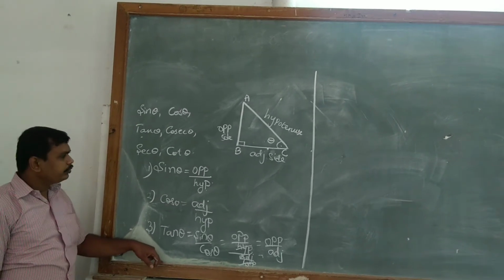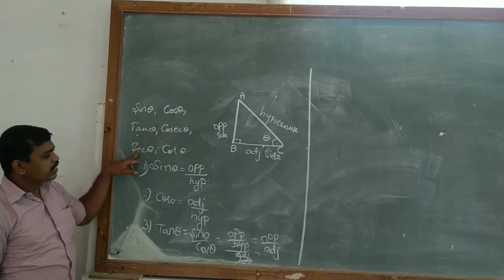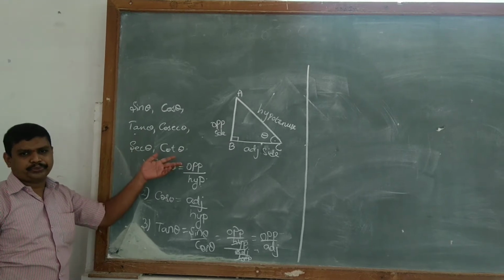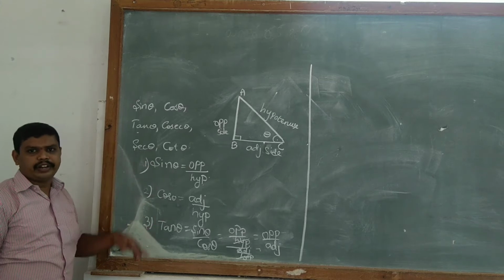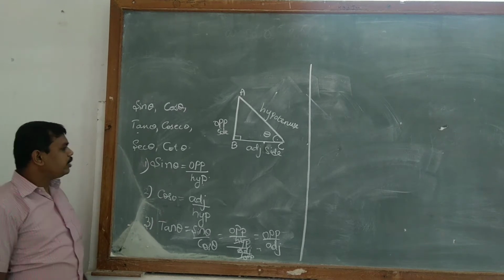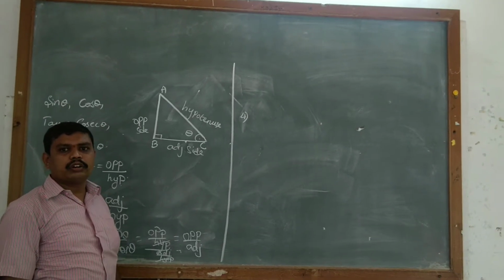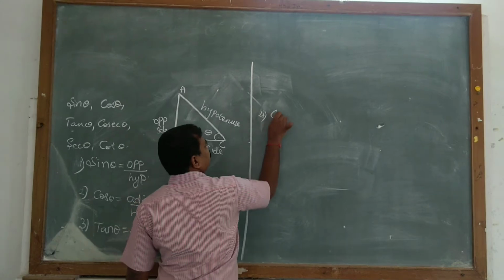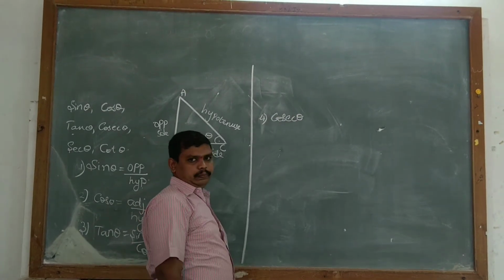And the remaining, they are cosecant theta, secant theta and cot theta. They are just the reciprocal of these 3 basic trigonometric ratios. That means I will define the fourth one, called the cosecant theta, which is reciprocal of sin theta.